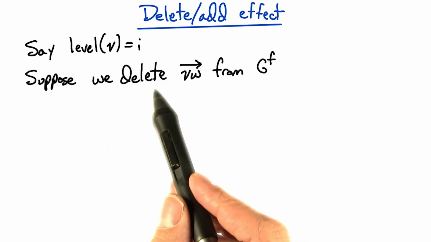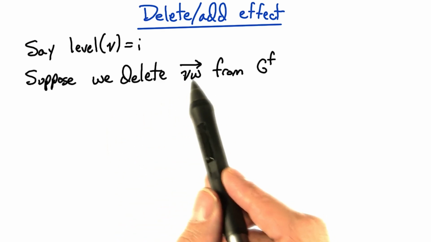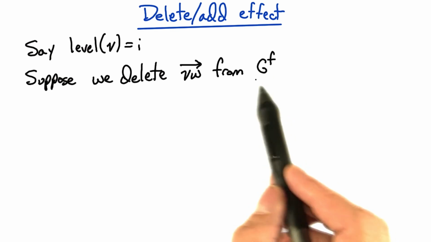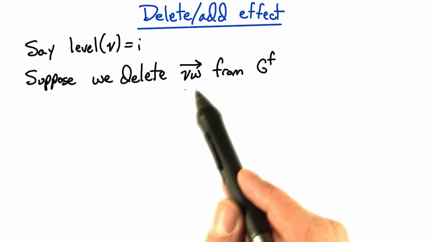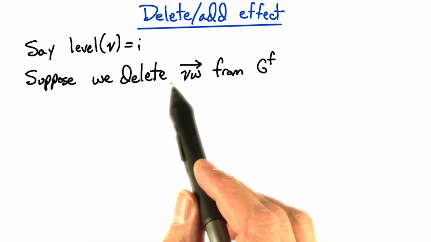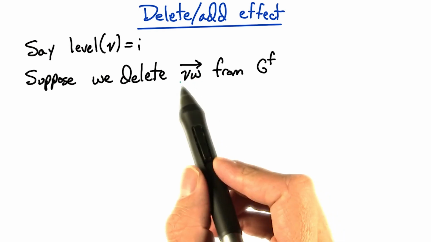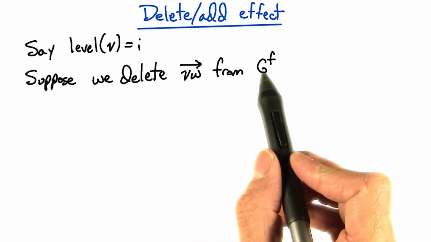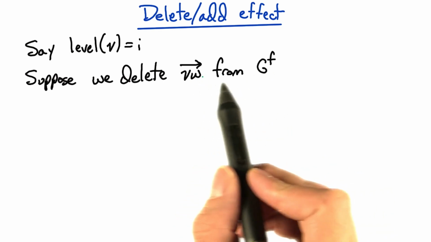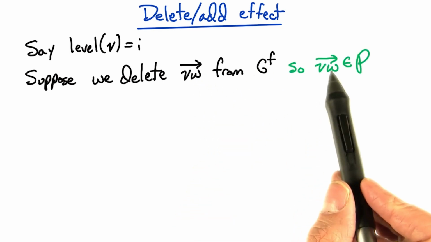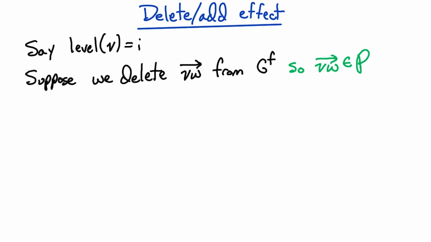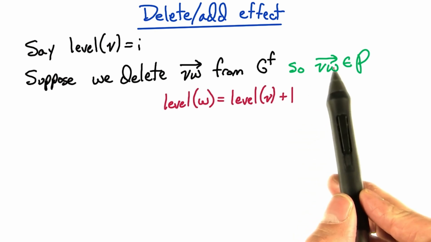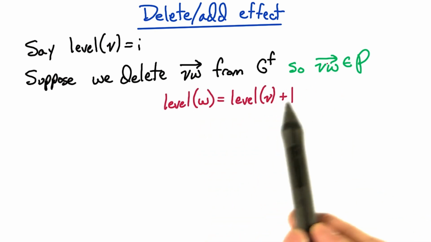Now suppose at some later round we delete this edge from V to this vertex W from the residual network. What can we conclude about the level of vertex W when we delete this edge from V to W? We know this edge itself from V to W is on the augmenting path. That means the level of vertex W is the level of vertex V plus 1.